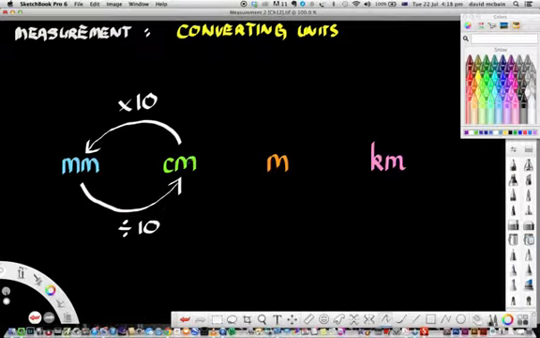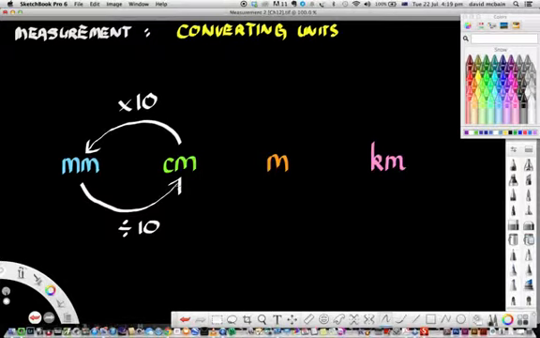Now, if we look at centimeters to meters, it's the same deal, except we know that if we look at a meter ruler and count the centimeters, there are 100 centimeters in a meter. And that little prefix C stands for centi. You may know of words such as century, which means 100 years. So centi means 100.